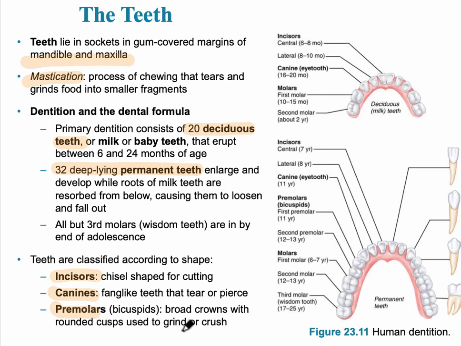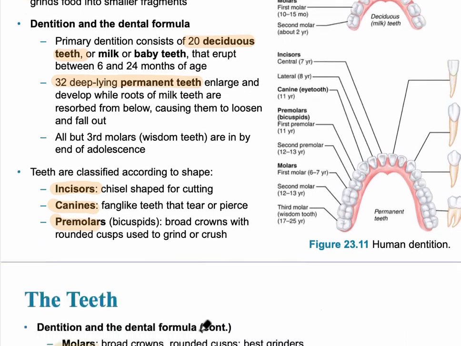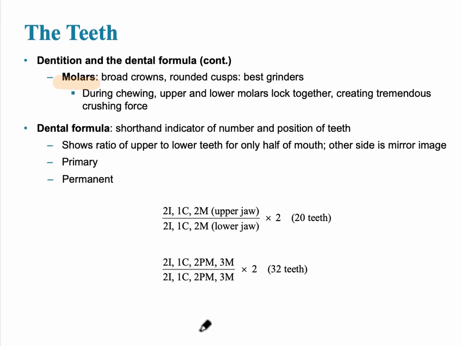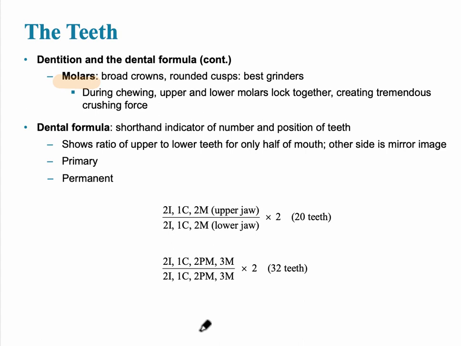Premolars serve to grind or crush the food. And then finally, molars. The dental formula for adults is the top row and the bottom row on one side. The medial teeth are the incisors. Then there's one canine, 2 premolars, and then 3 molars.